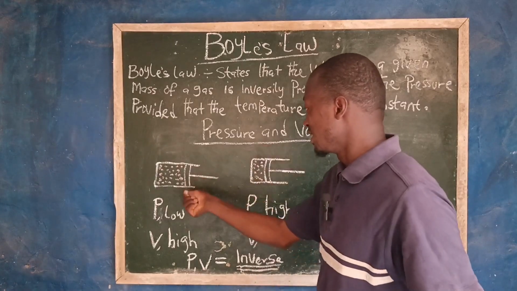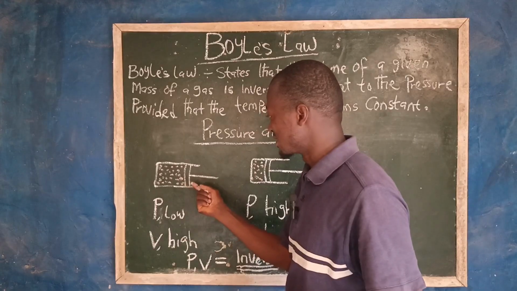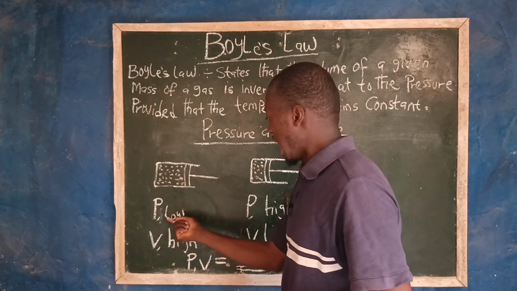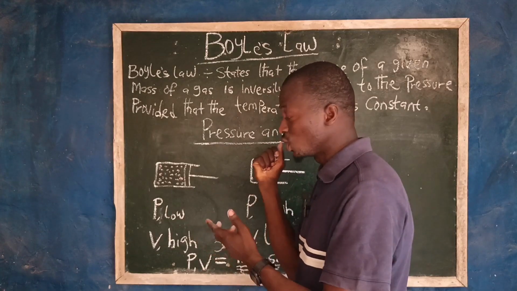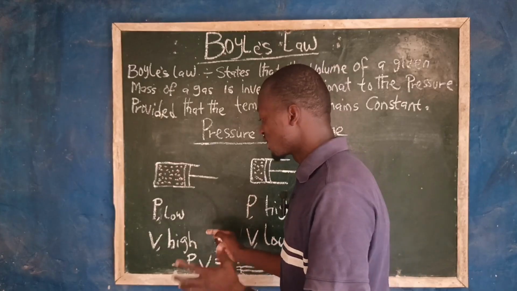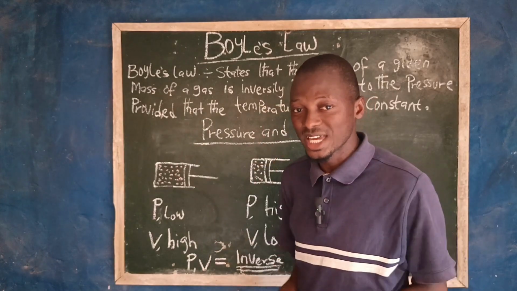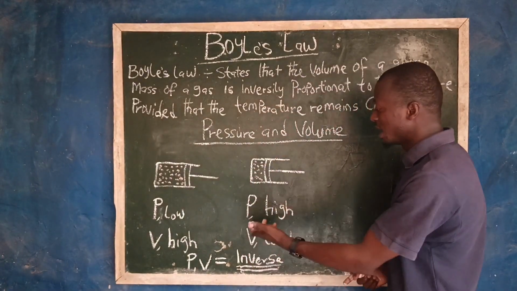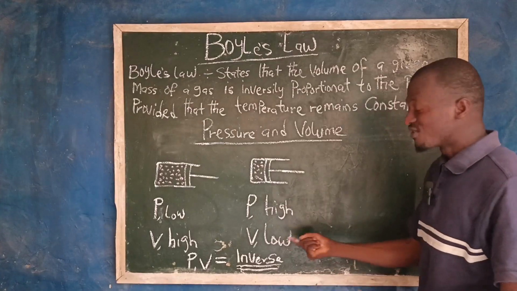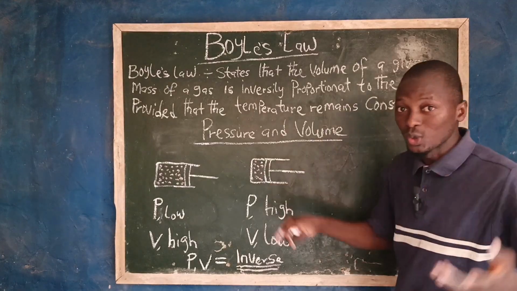The more you press the plunger inside, in the first diagram our pressure is low inside the container because the volume circulates widely inside the container. But in the second diagram, our P is high and our volume is low, because the volume does not have enough place to circulate inside the container.